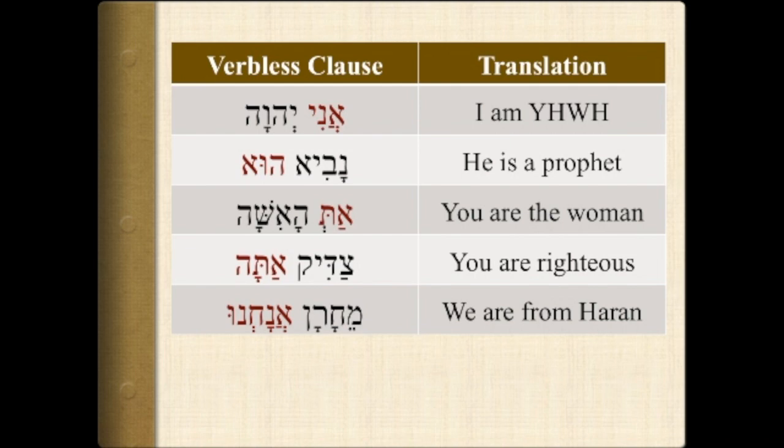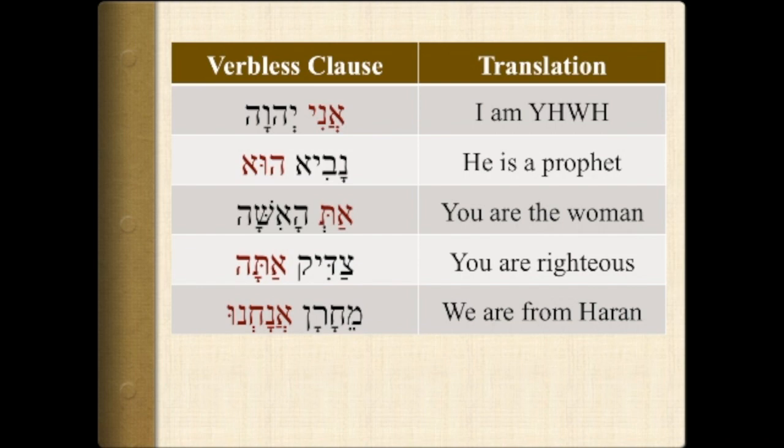I am Adonai, I am Yahweh. You'll notice that there's just the two words side by side, I and the word for God. And the only way to connect them or turn them into a clause or sentence is to add the verb to be.